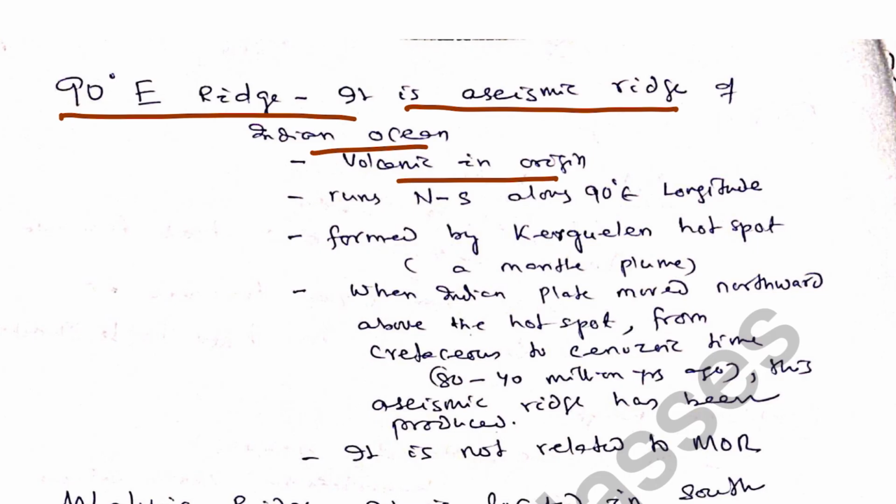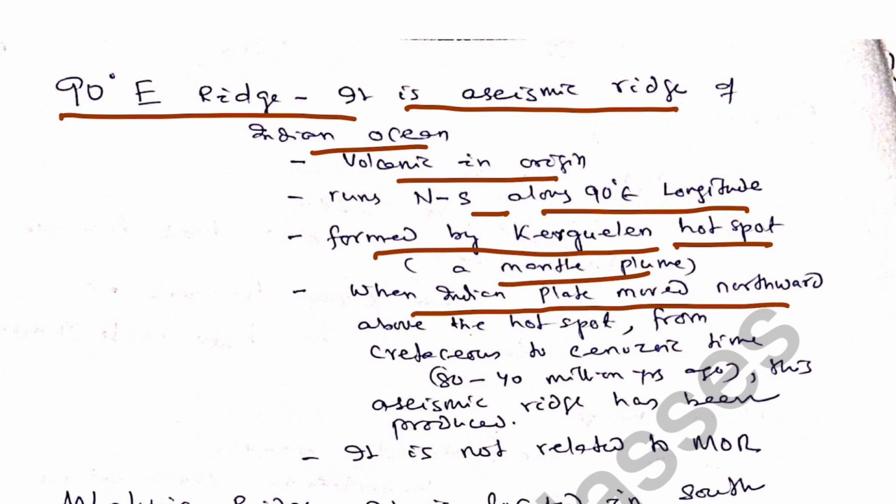It is of volcanic origin, runs north-south along 90-degree east longitude, formed by the Kerguelen hotspot, which is a mantle plume. When the Indian plate moved northward above the hotspot from Cretaceous to Cenozoic time, these volcanic mounds were produced by volcanism.